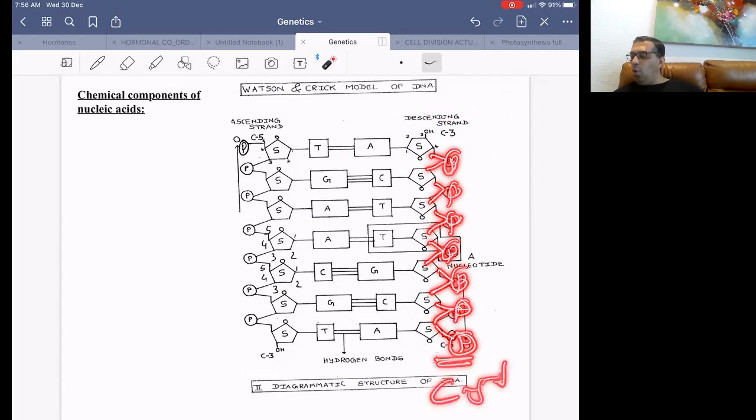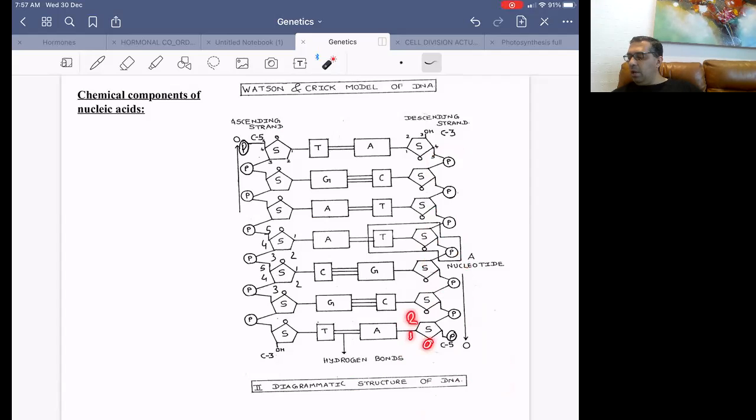So here we have O, C1, C2, C3, C4, C5, and the free phosphate is on the fifth carbon. So this is the C5 end. At the third carbon, there is a free hydroxyl present. So this is the C3 end.